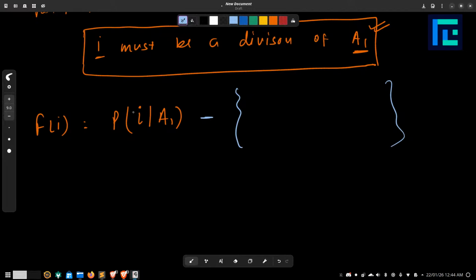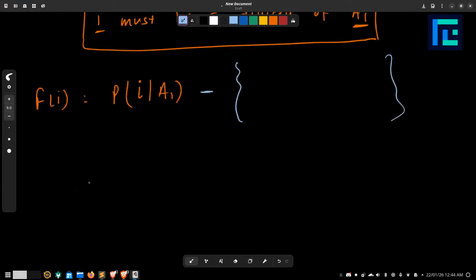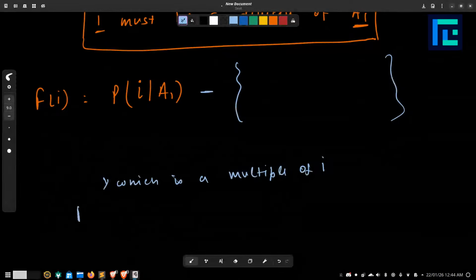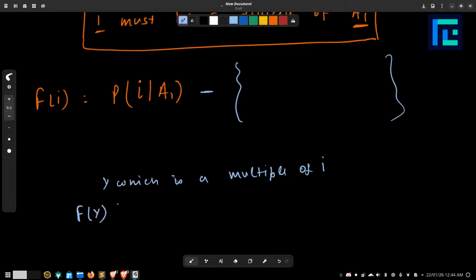So when can I be not a part of the prefix GCD? Let's say that I know a number y which is a multiple of I. So let's say that I do know the value of y being a part of the prefix GCD. So f of y is the probability that y is a part of the prefix GCD. So let's say that till some ith index we have y equal to the prefix GCD.